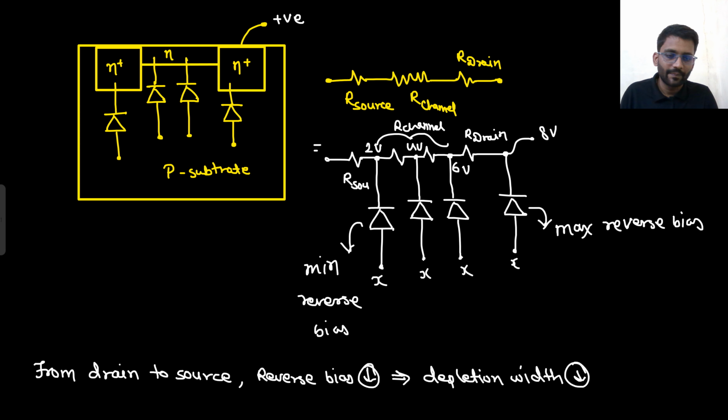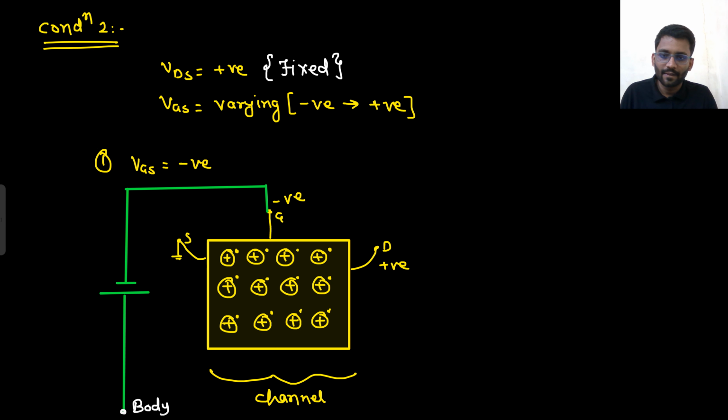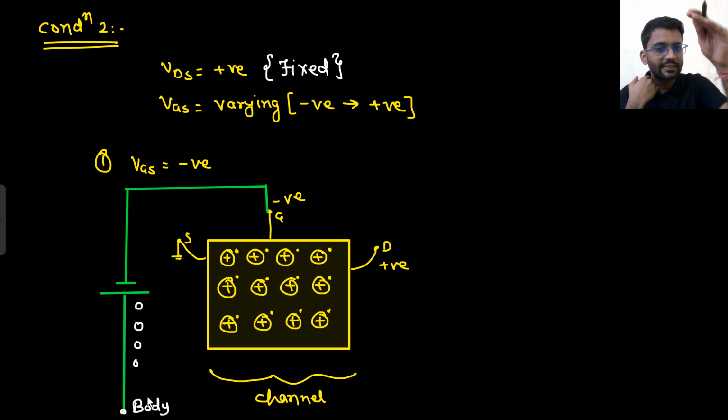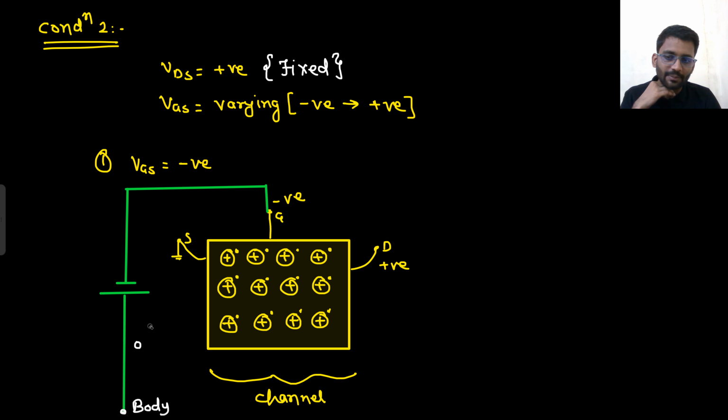So what is happening? This is the positive side. So what will this do? This will supply holes. These holes will first get into the substrate, then go to the channel, right? Because of this positive supply, the holes in the substrate will be repelled.